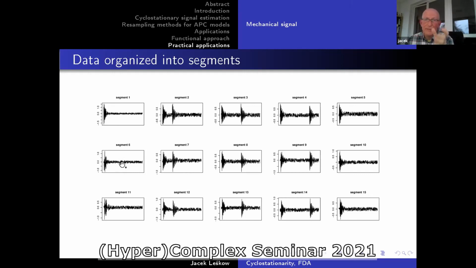Now you see that one data point is a curve, okay? This is my one data point. This is the data point 5 moments afterwards. This is another 5. So 5 is the period, and so we have columns here.